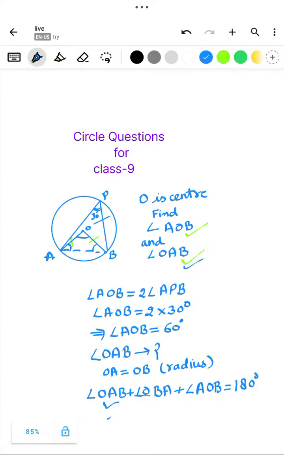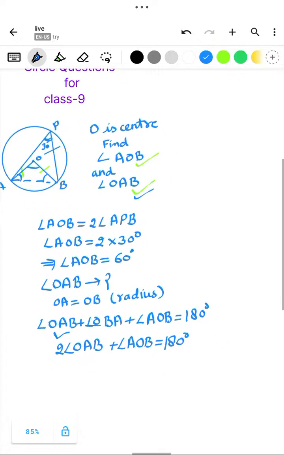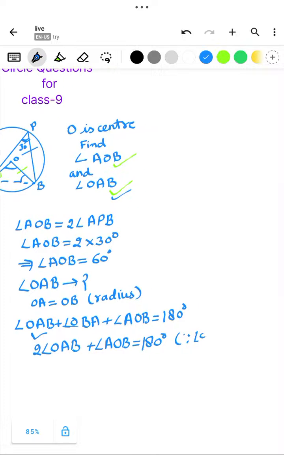So we can write twice of angle OAB plus angle AOB is equal to 180 degree, because angle OAB is equal to angle OBA.